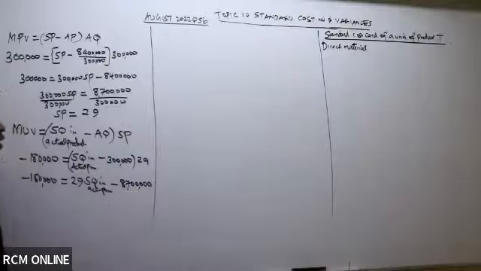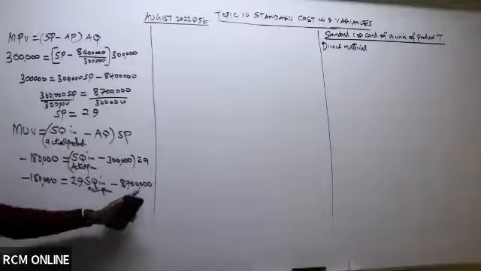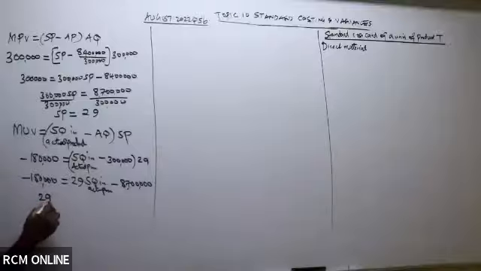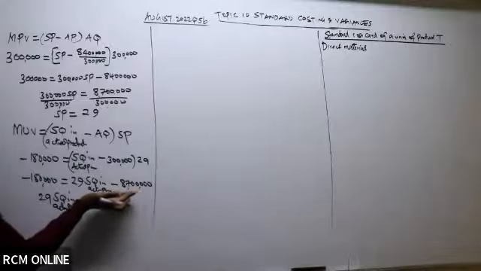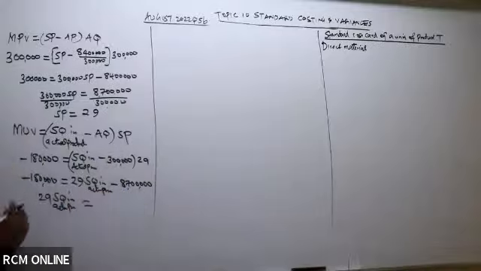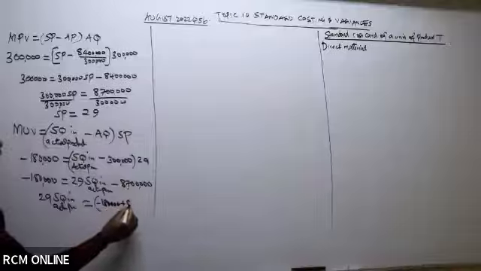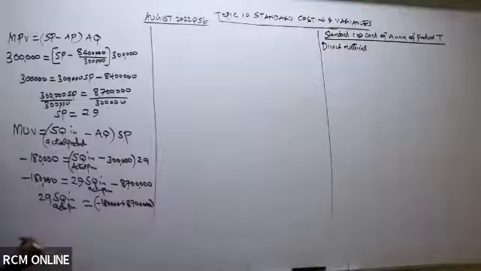Good. Now we want to collect the like terms. Of course, this one will cross the equal sign, and when it crosses, it will be a plus. So we have 29 times standard quantity in actual production is equal to negative 180,000 plus 8,700,000.